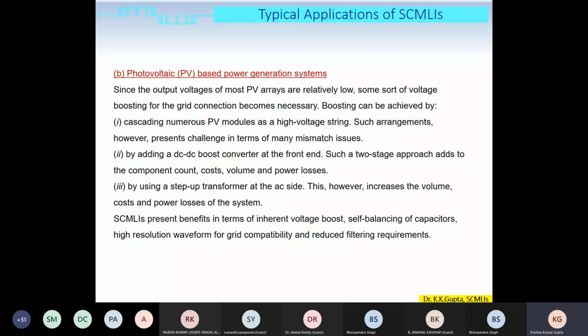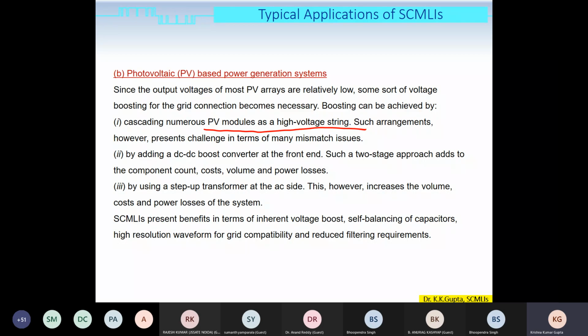PV-based power generation systems are, once again, an extremely important application because PV arrays generate very low voltage levels, and the boosting can be done in various ways, right? One way is to obtain a high voltage string by connecting a number of PV panels in series.